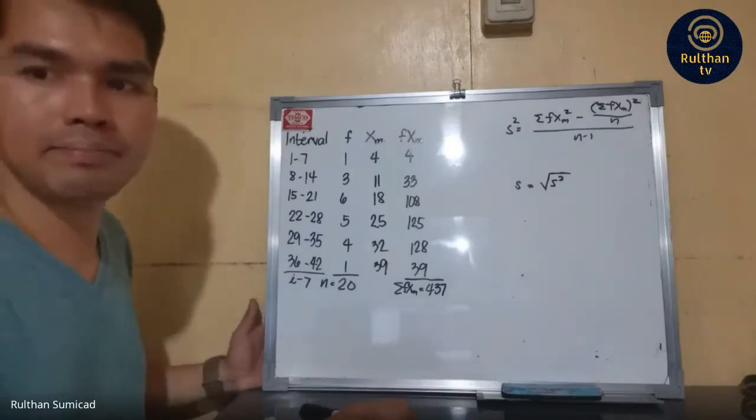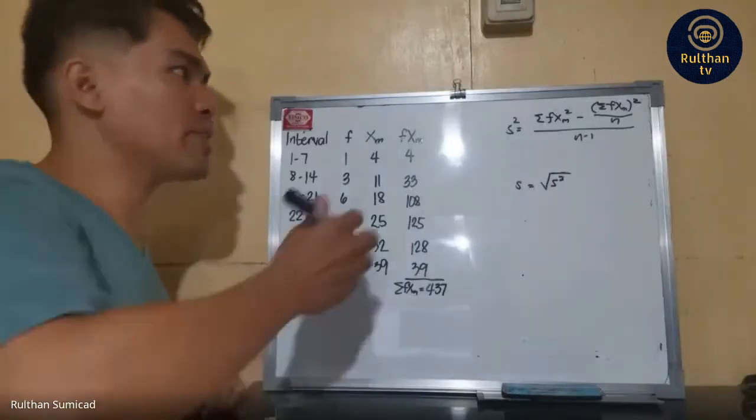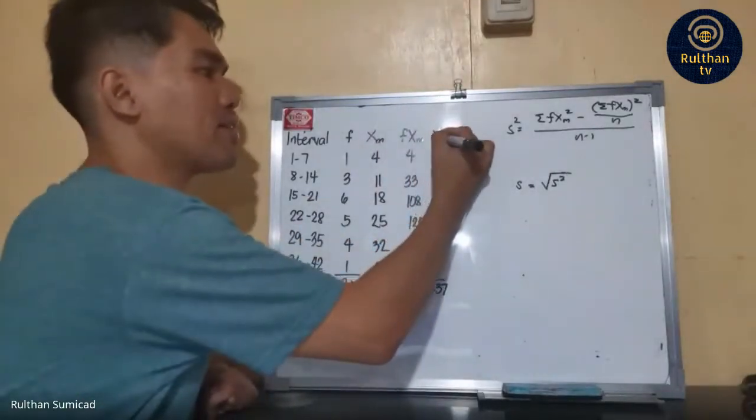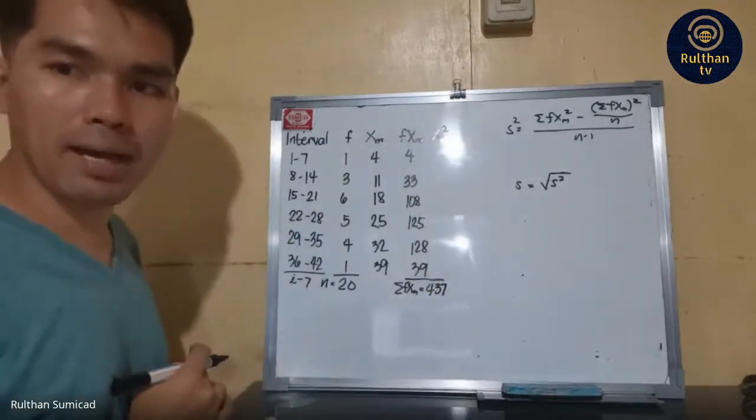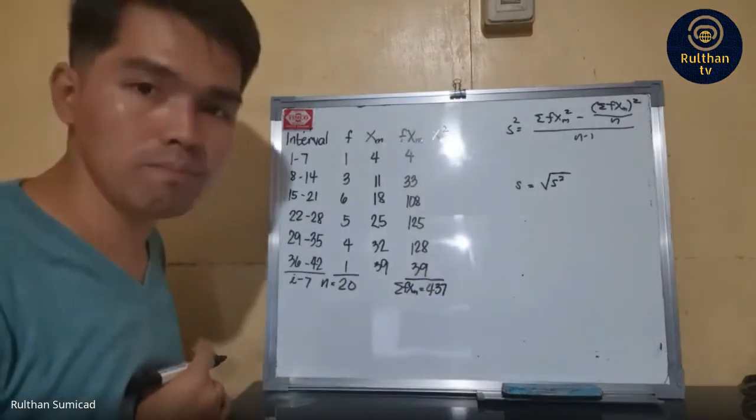X sub M squared, sir. But we don't have X squared yet. First we need the square of the midpoint. Can you please help me, Bilingan, to fill in this column?